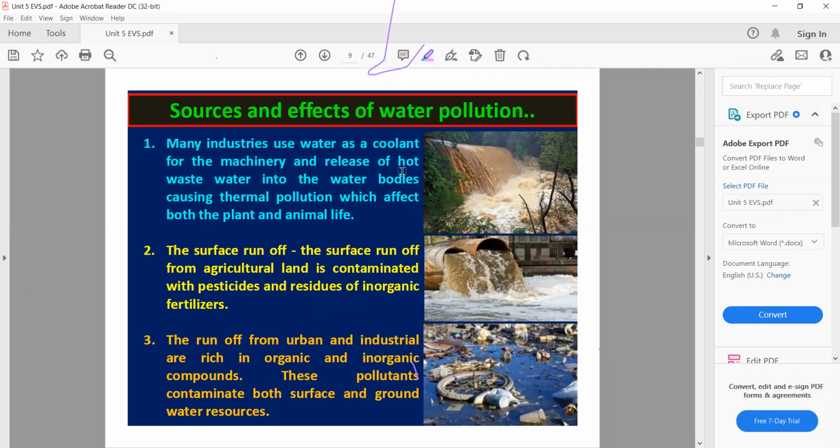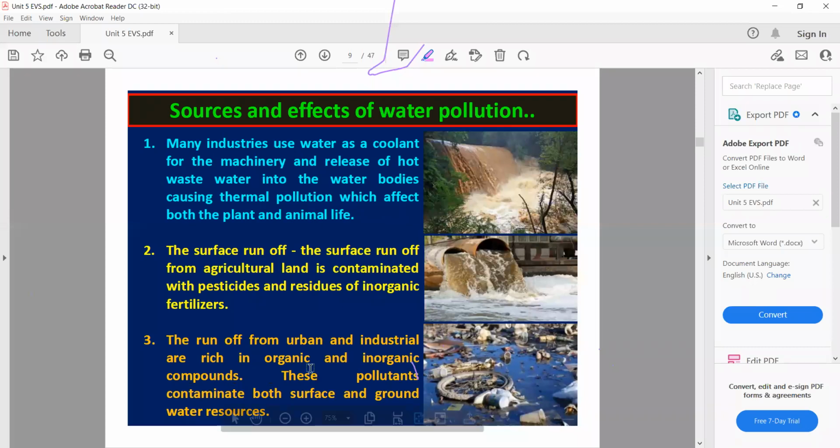Now, if runoffs come from agricultural land, it will definitely contain remains of pesticides. That is terribly contaminating, and it also contains residues of inorganic fertilizers. That is the reason why nowadays it is said to use organic fertilizers, don't use chemical fertilizers.